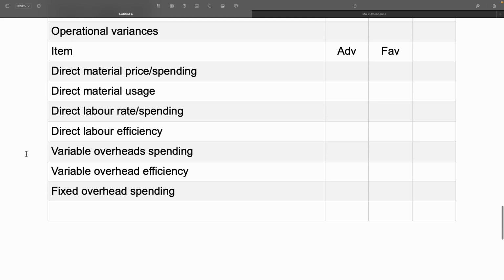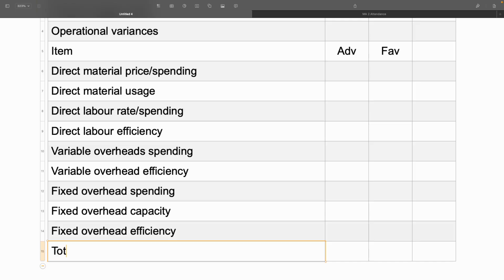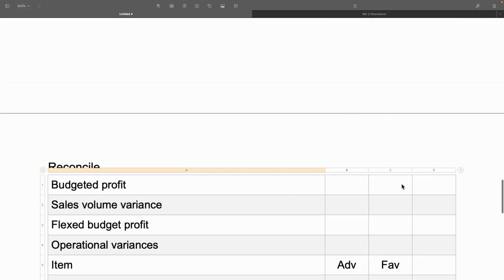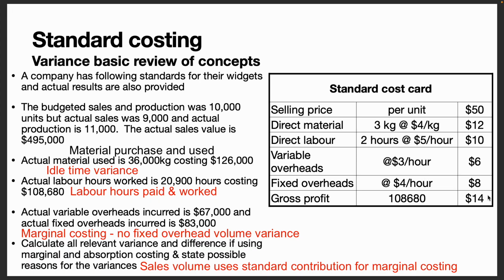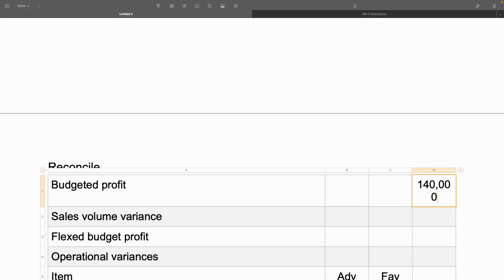So you do need to know how to reconcile. So the way we go is you start with your budgeted profit. Budgeted profit is going to be 14 times 10,000 is supposed to be 140,000.